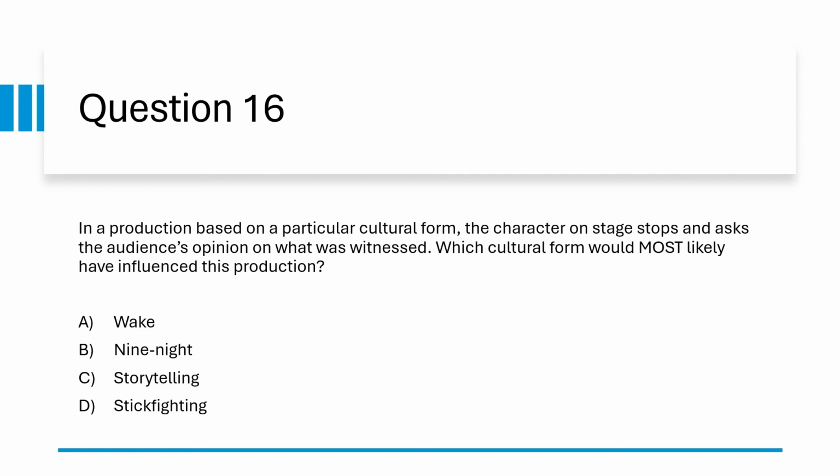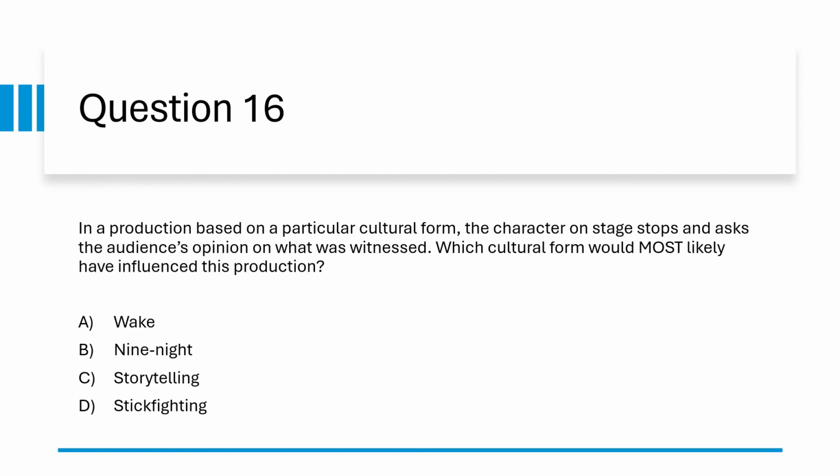So let us look at it and eliminate again, or process of elimination. And remember, I'm going to put this video right here that deals with how you can approach multiple choice questions, so you can listen to it and get some tips. All right, so A and B, once you have wake and nine nights in the options, there's a higher possibility that you can eliminate them, because the nine night is a part of the wake complex.